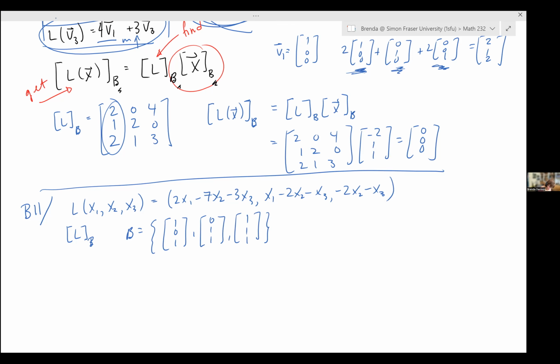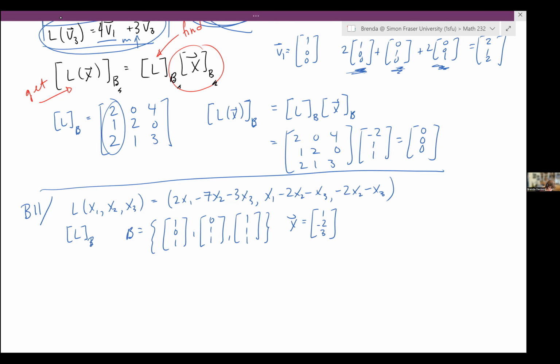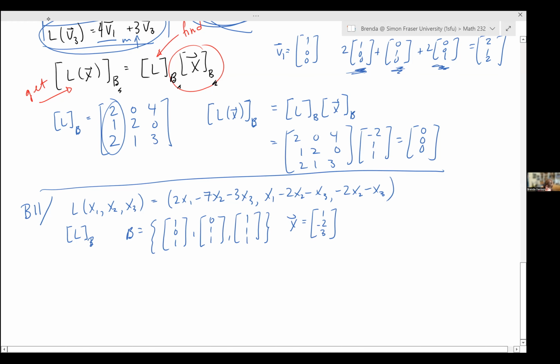We are given a vector in R3 looking like this. The first thing we're noting is paying close attention to which things are relative to what.